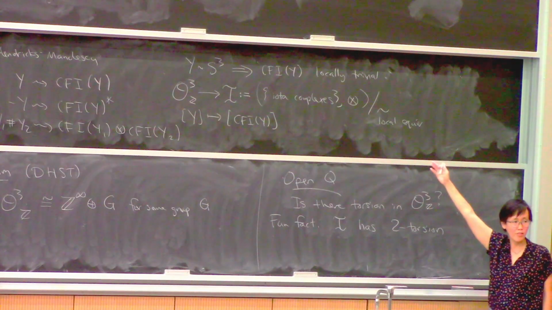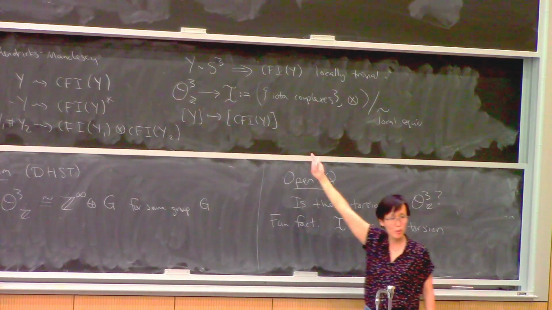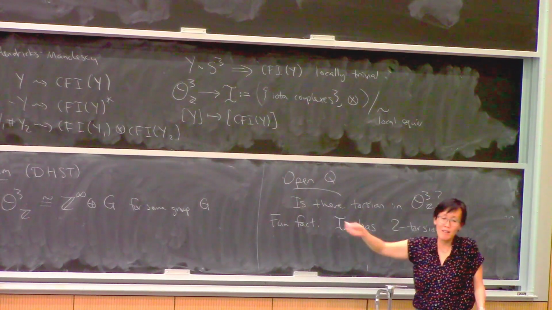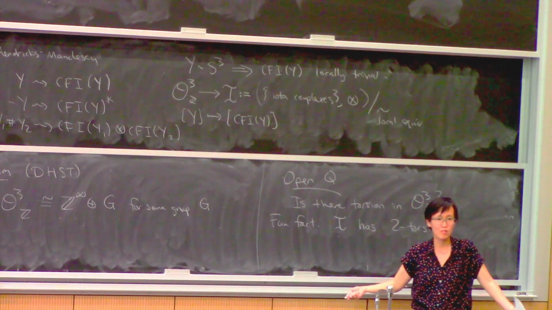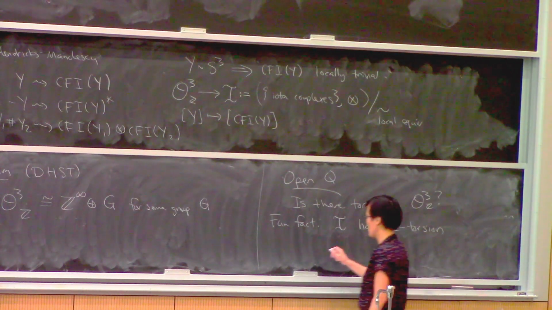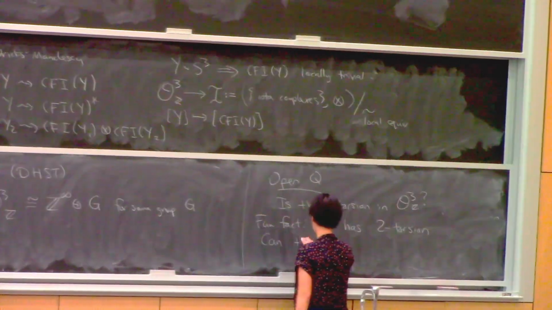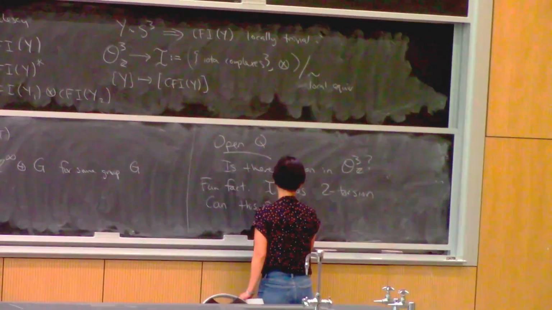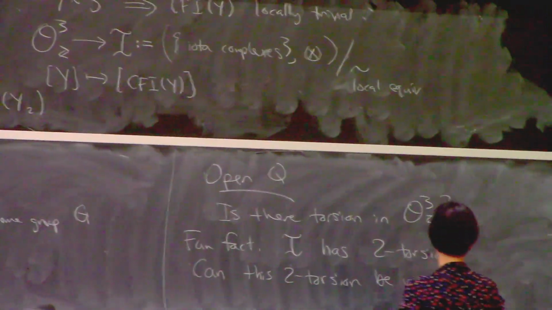But we don't know that those elements in I are in the image of elements from the homology cobordism group. And moreover, even if you had an element of order 2 that was in the image of something, we don't know that that something is actually of order 2. So maybe the thing that would be great if we could answer is, can this 2-torsion element be realized as coming from a three-manifold?